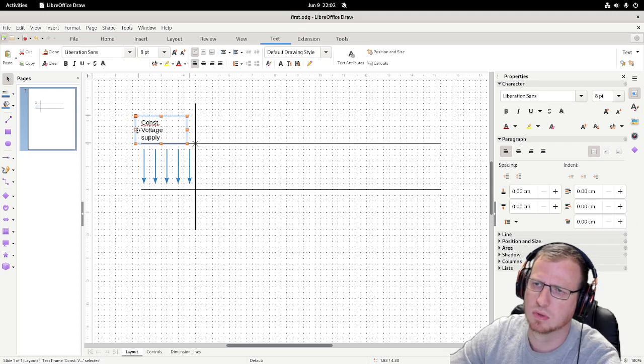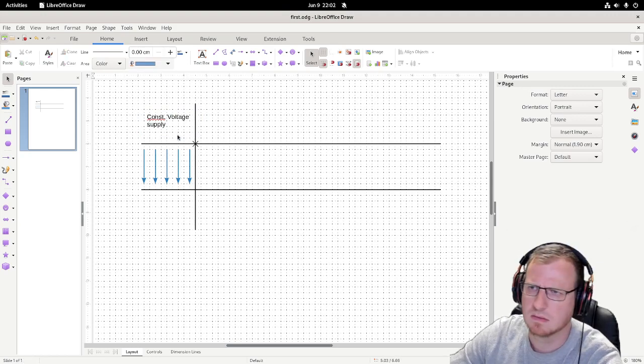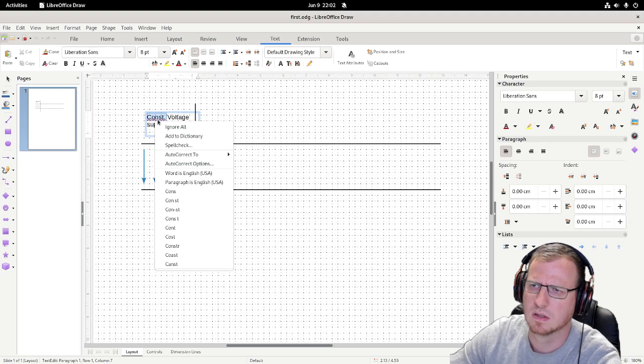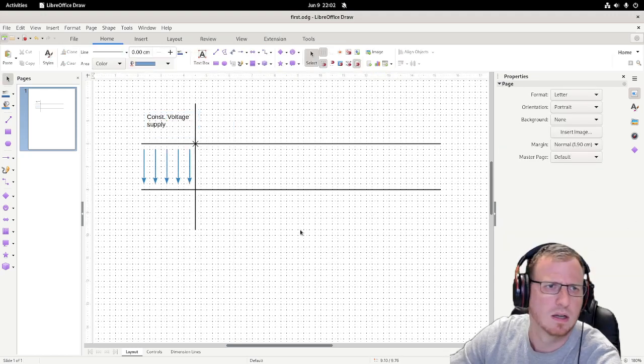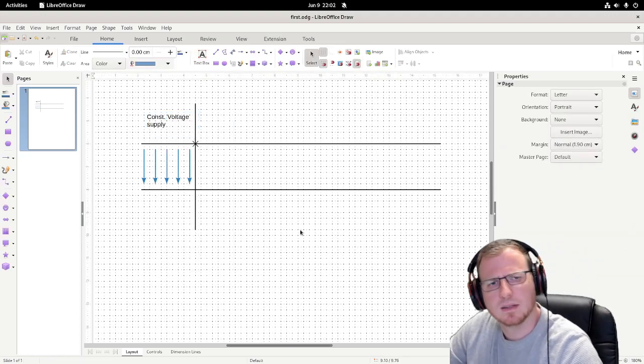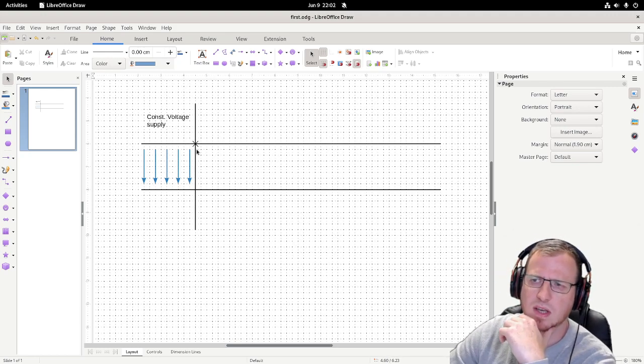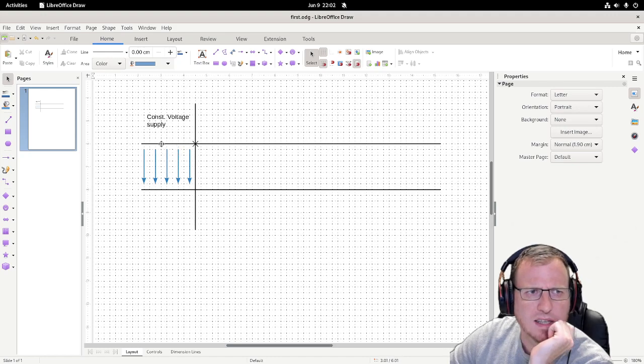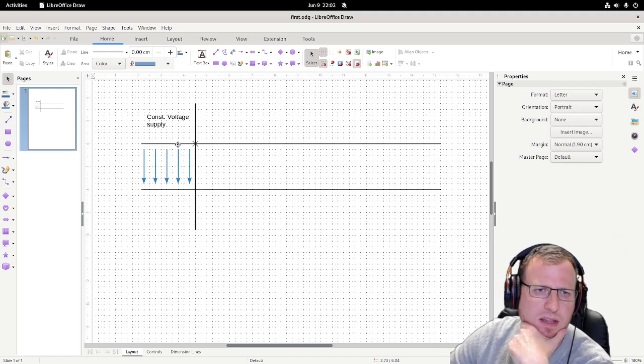Let's keep it that way. Okay, on the left side we have a constant voltage supply. We have here an open switch, so there is no current flowing at the moment.